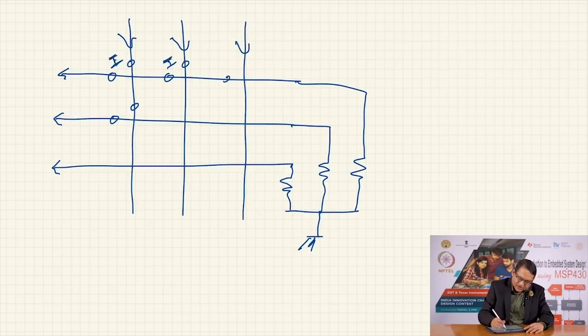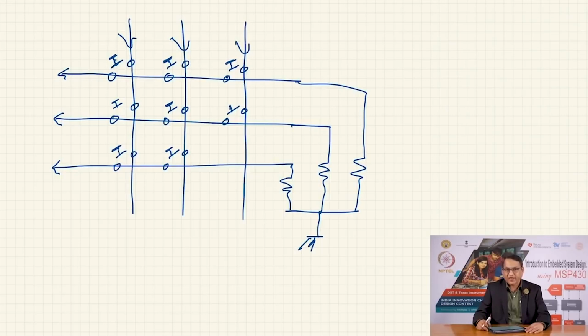So, what you have seen is that using 6 pins, 3 configured as output and the rest 3 configured as input, you are able to connect how many switches? 9, and this scheme can be extended to connect a large number of switches to a microcontroller system.